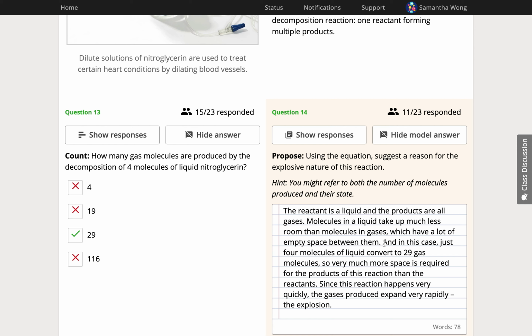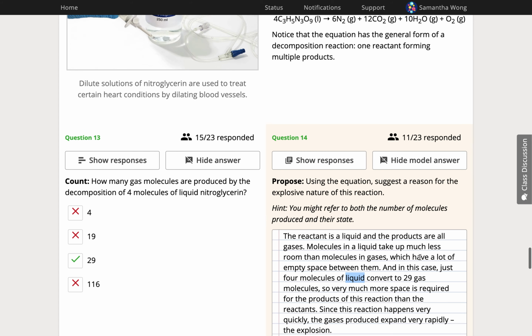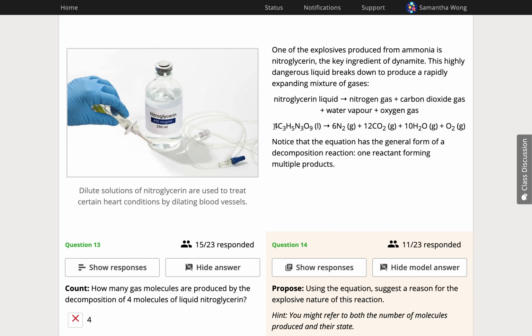And in this case, just 4 molecules of liquid convert to 29 gas molecules. So there's very much more space being required for the products of this reaction than the reactants. So keep in mind, you only start off with 4 molecules, you end up with 29 molecules.